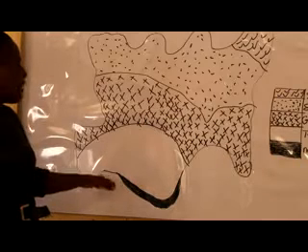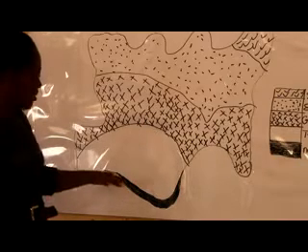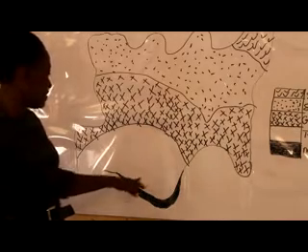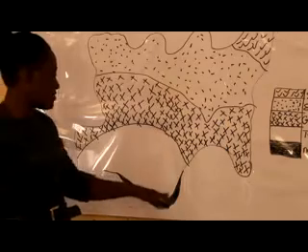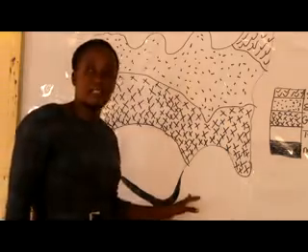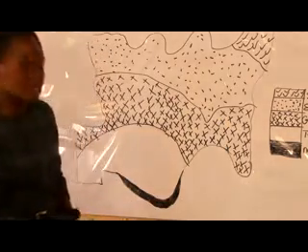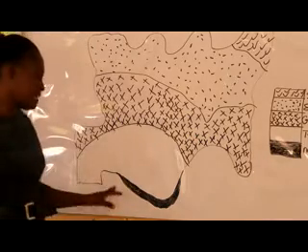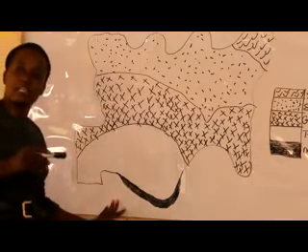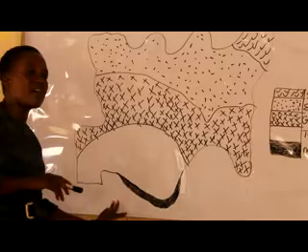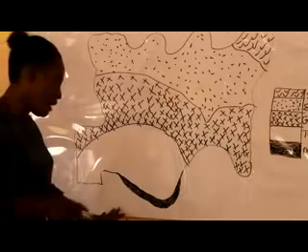So you can identify the states: Lagos State is there, Rivers State is there, Cross River is there, Bayelsa is there. These are the states found immediately after the sea, that is the coastal region and the river mouth.